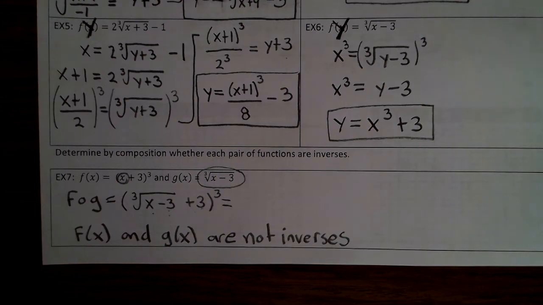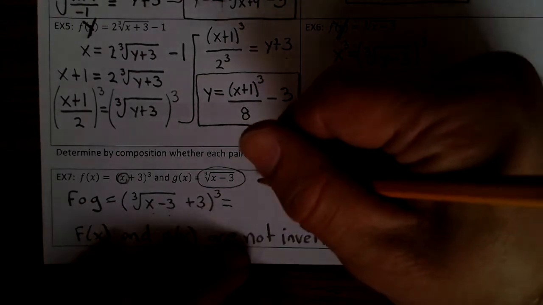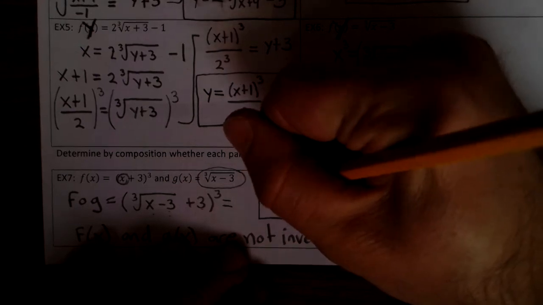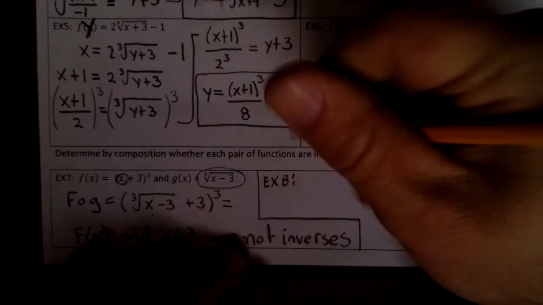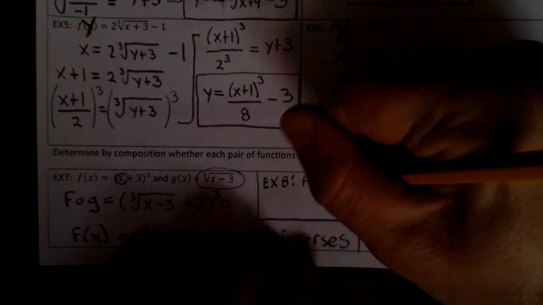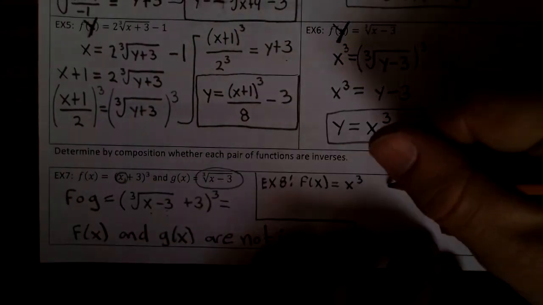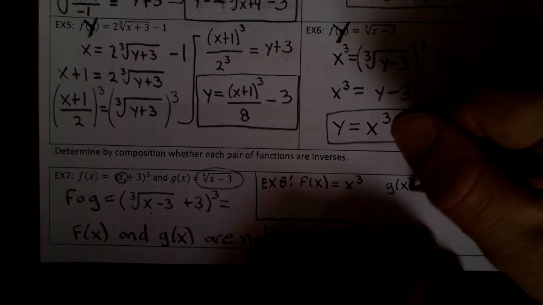Now, let's extend this actually to one more example. Let's make example 8. Now, let's say that f of x equals x cubed and g of x equals the cube root of x. Now let's do f of g.